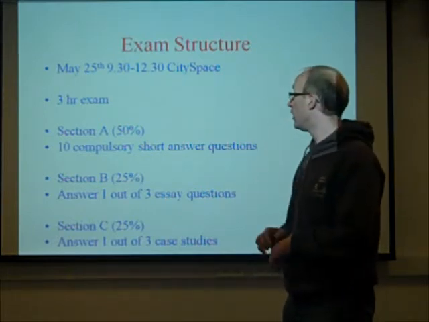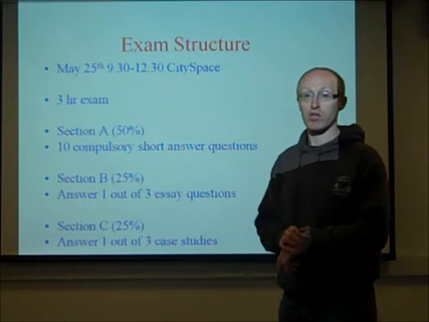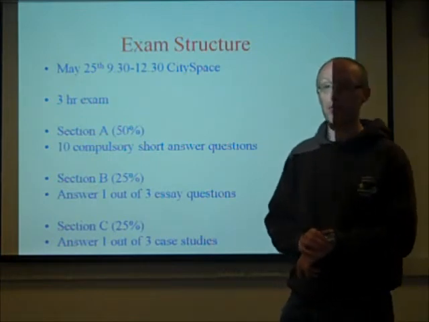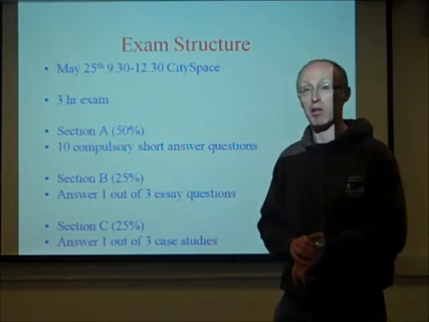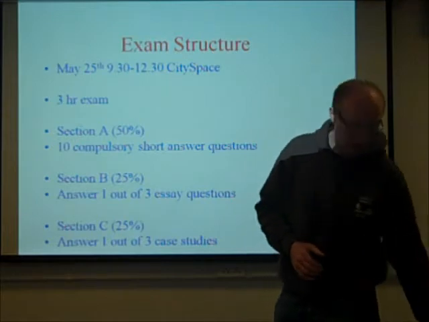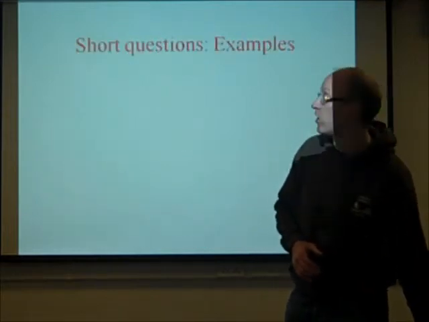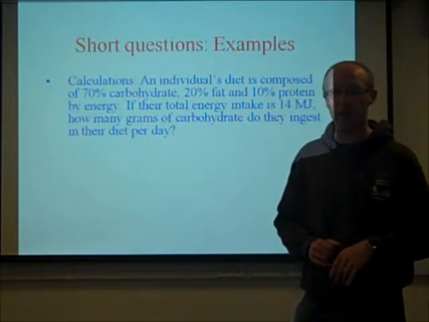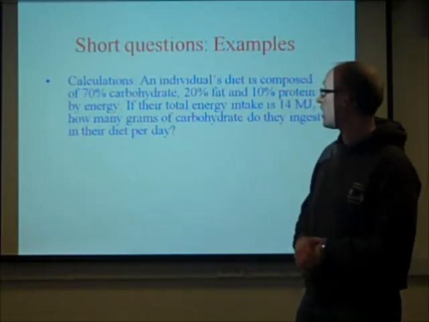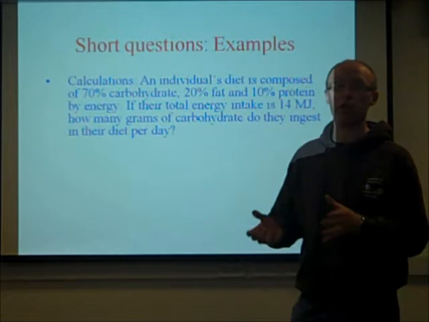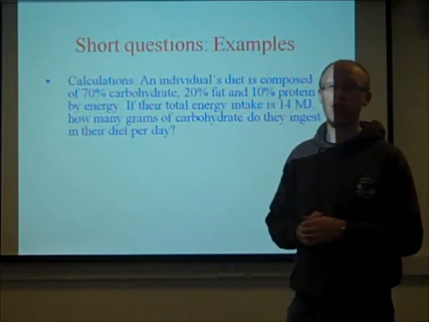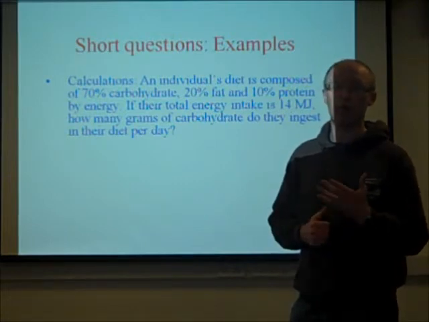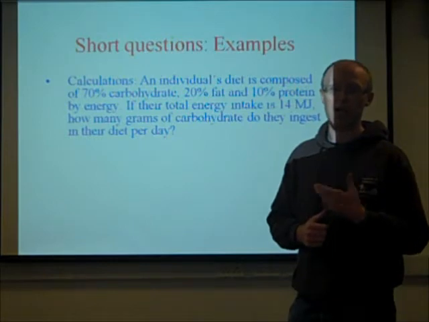Going through the short answer questions first. You get 5 marks for each of these, and for a lot of them you'll be asked to produce 5 elements, or you'll get a calculation question. So what I'm going to go through first, very quickly, is how to do the calculations. If I'm given what percentage of energy someone is consuming from carbs, fats and proteins, what's that in grams per kilo?